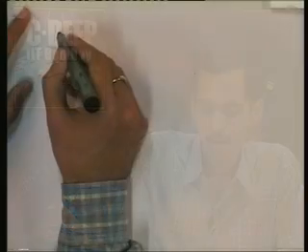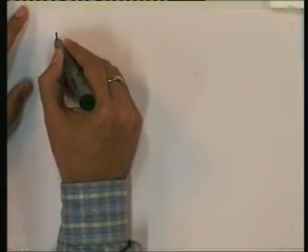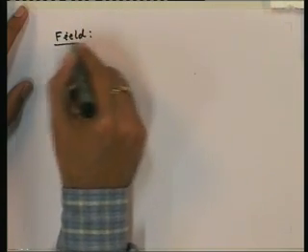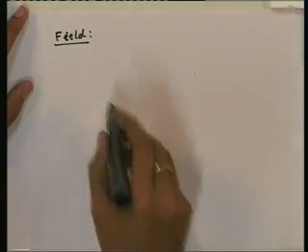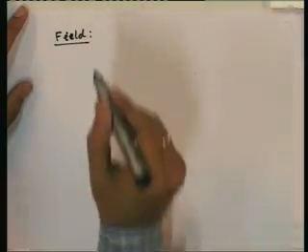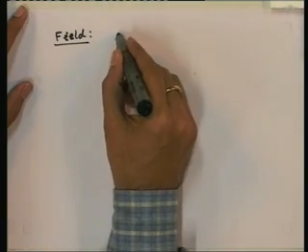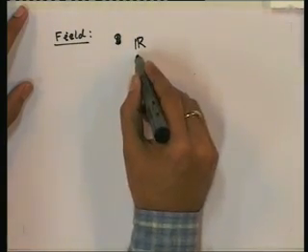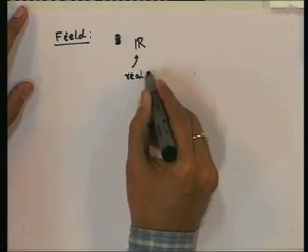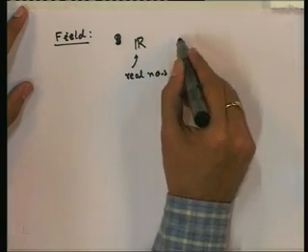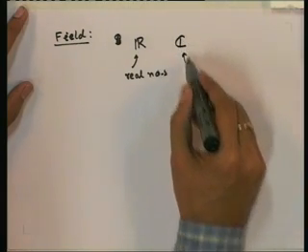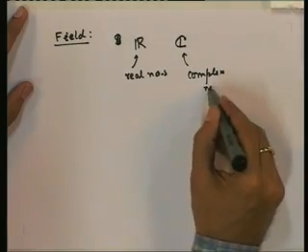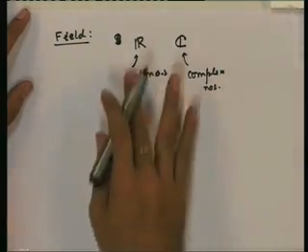First we will define some things. A field is an algebraic structure. It is basically a set. This is like, say, the set of real numbers, denoted by R. The set of complex numbers is denoted by C. So these are fields.